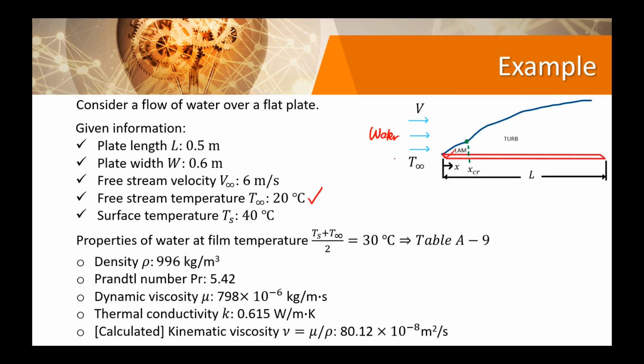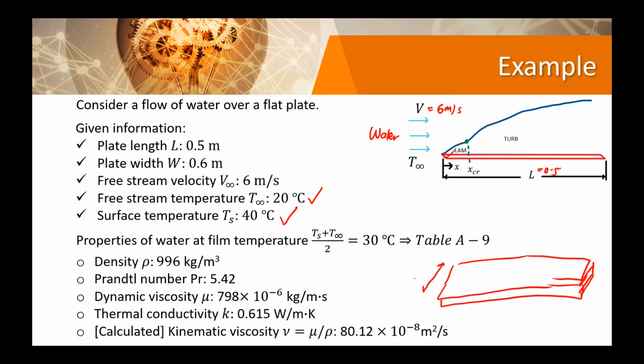The temperature of this flat surface is 40 degrees centigrade, and water flows at a velocity of 6 meters per second, and this plate has a length of 0.5 meters. So this L is 0.5. Now the width, if you can imagine, the plate will look something like that, going from left to right. This is the width, right?